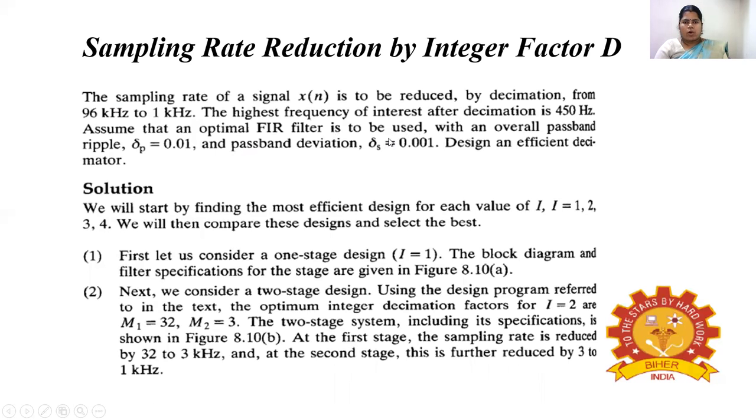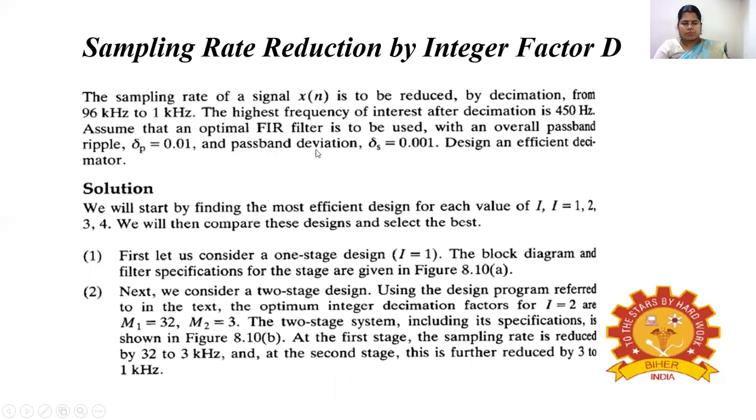Assume that an optimal FIR filter is to be used with an overall passband ripple of 0.01 and a stop band ripple of 0.001. From the given specification, we need to design an efficient decimator.